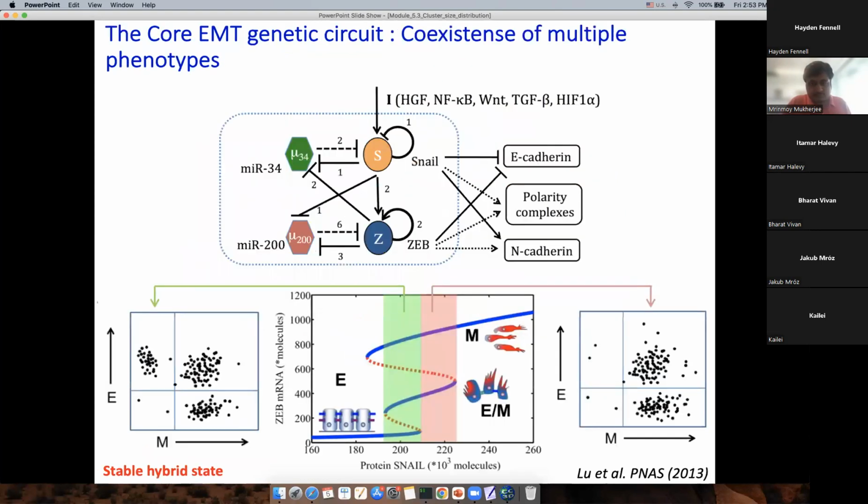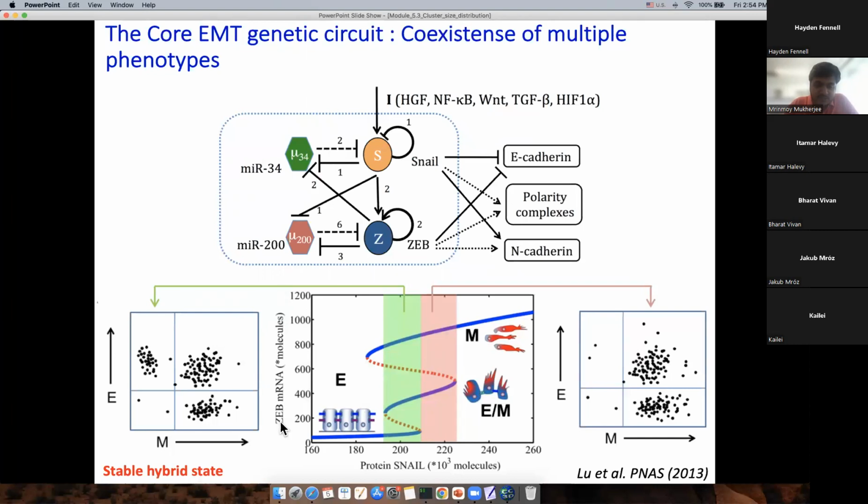One of the core EMT circuits, I will not go into the detail because in today's topic we will not go into the gene regulatory network, but at least if you just think of two microRNAs and their transcription factors SNAIL and ZEB, with this simple gene regulatory network, if you solve some ordinary differential equations, you can get three states.